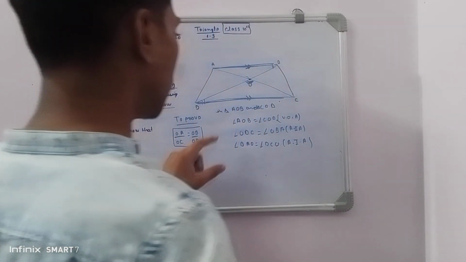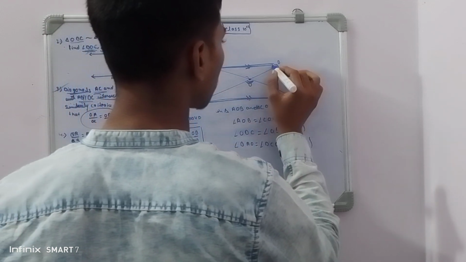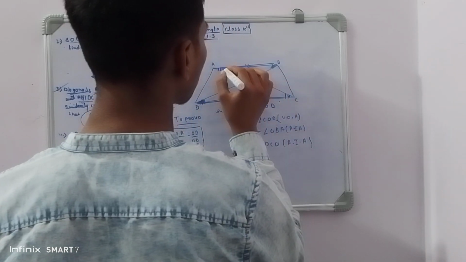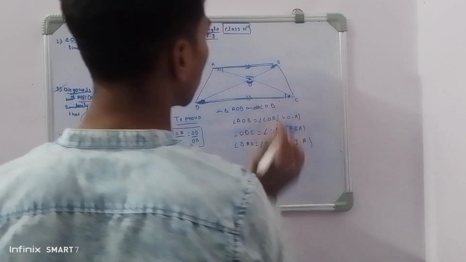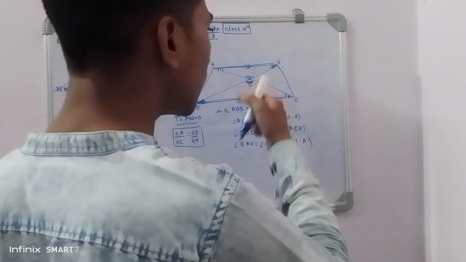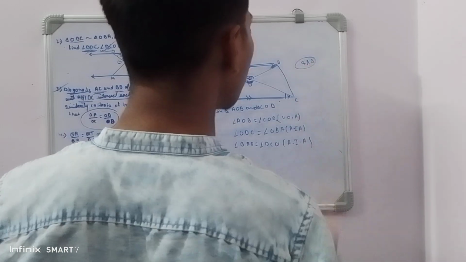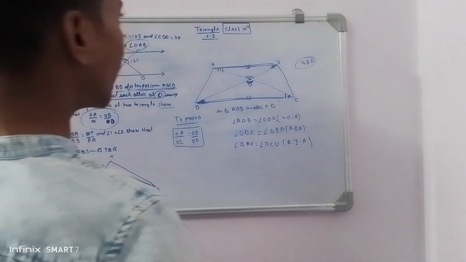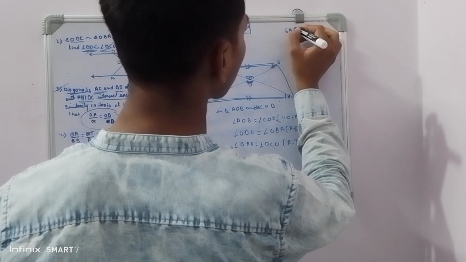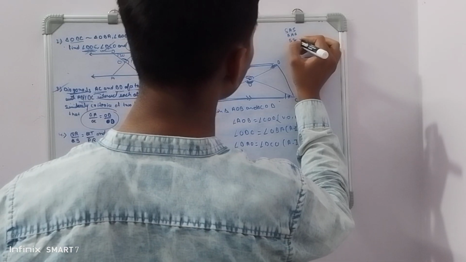So in these two triangles, this angle is equal to this angle, and this angle is equal to this angle. So by the angle-angle-angle property, these two triangles are similar, because I have already taught you the rules: side, angle, side.